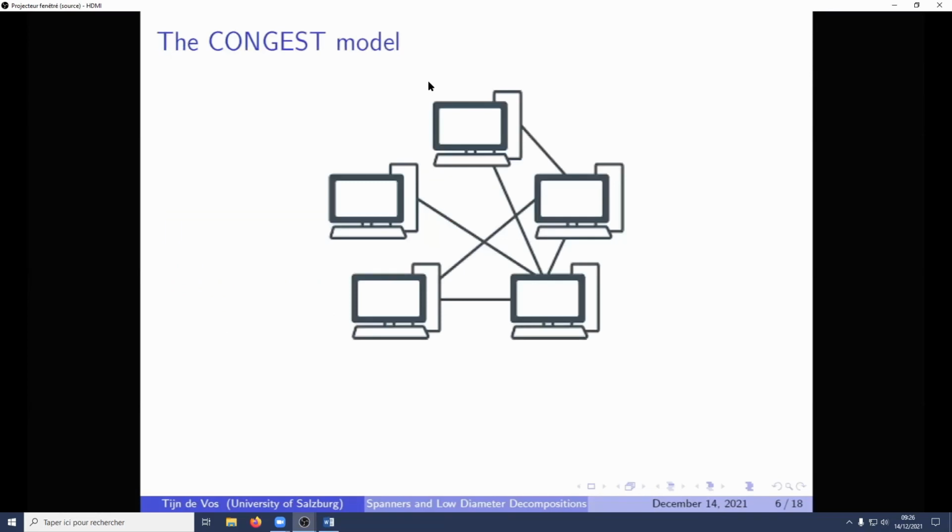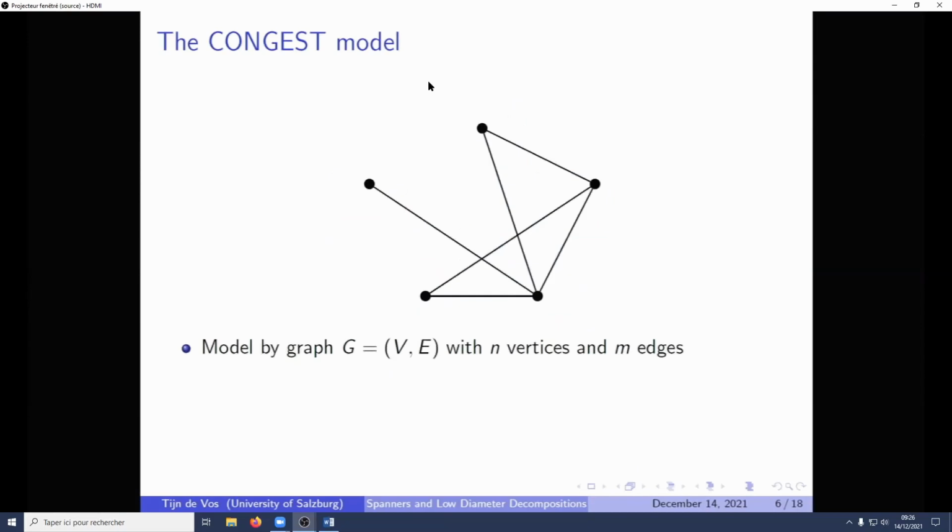Let me say something about the model before I go into which results are out there and how our result compares to that. We will talk about the CONGEST model. The CONGEST model is a model where we look at a set of processors that are connected by some communication links. We model this by a graph with n vertices and m edges. Each of those processors has a unique ID, meaning that they know this at the start of the algorithm, and they know which neighbors they have, but there's no global knowledge of the network.